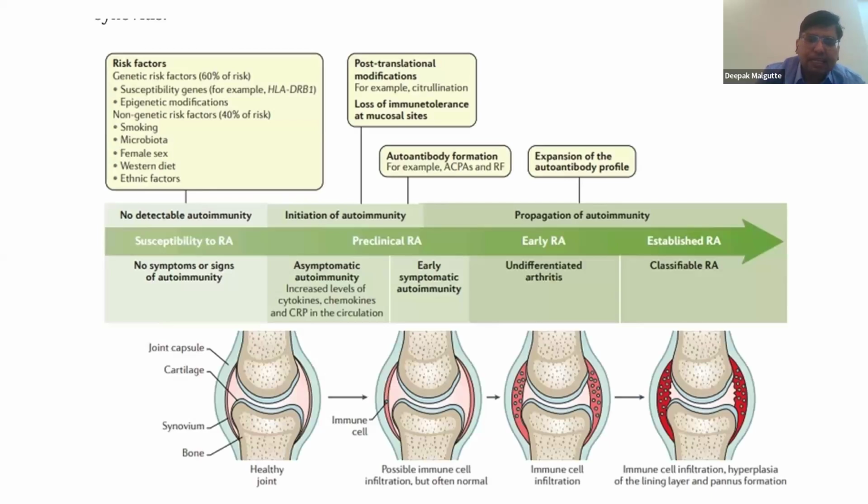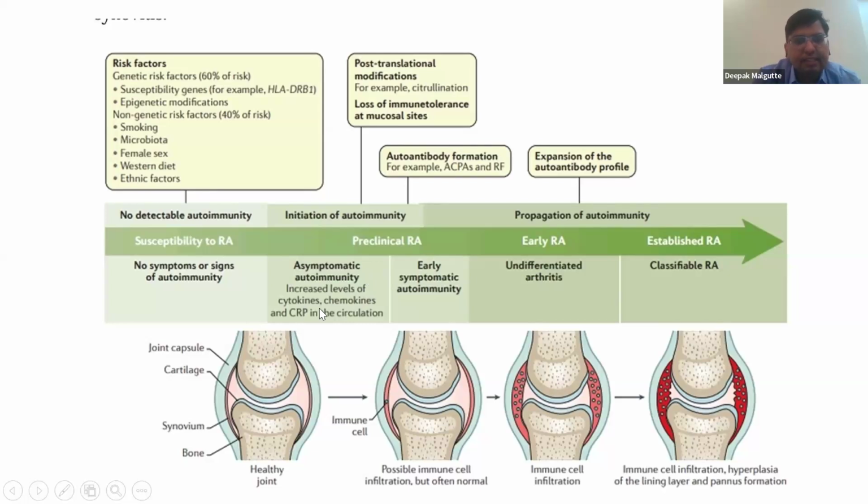So this is how pathogenesis goes on. These are the various stages of rheumatoid arthritis. In the susceptibility phase, the patient has the risk factors which I have mentioned, and these make an individual susceptible to rheumatoid arthritis. But in the presence of these susceptibility factors, when the individual gets exposed to various environmental and lifestyle factors, it results in post-translational modification of various proteins causing citrullination, which results in the loss of mucosal tolerance and immune tolerance, which results in autoimmunity.